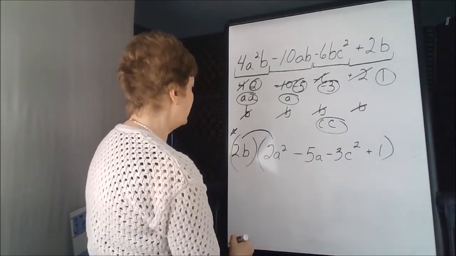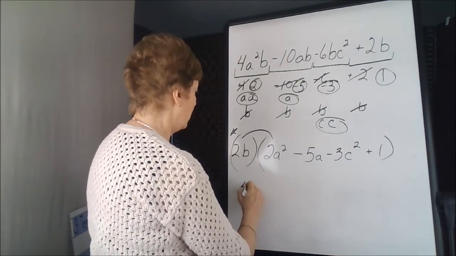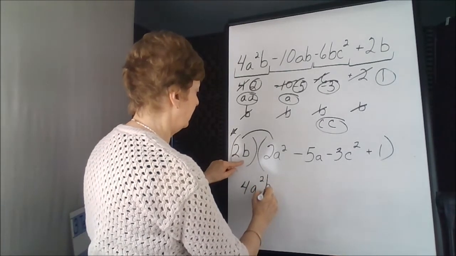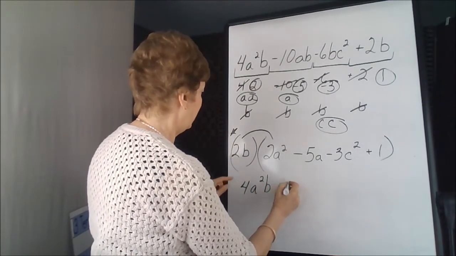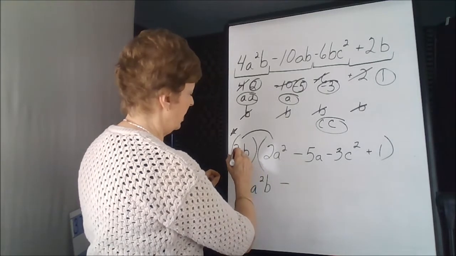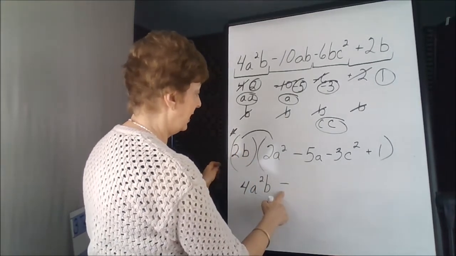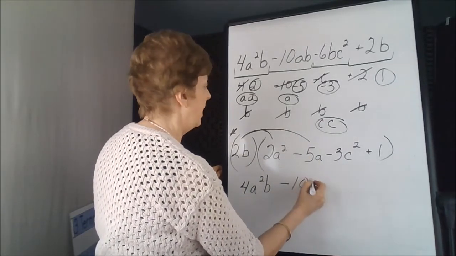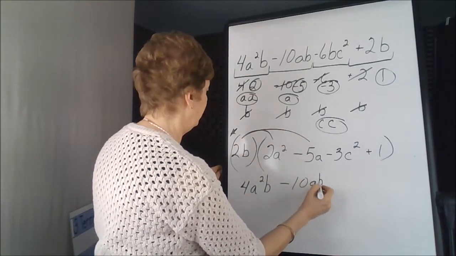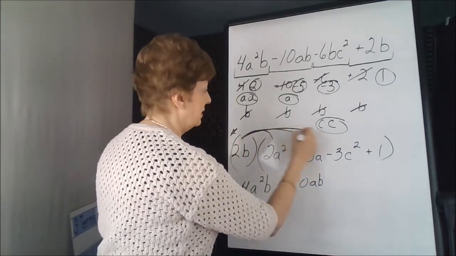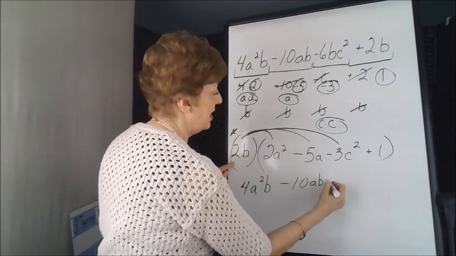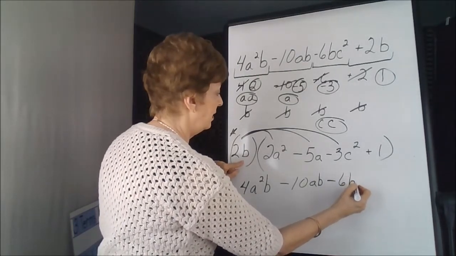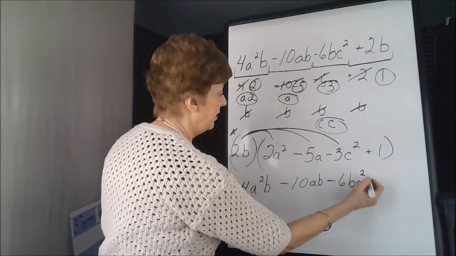All right, in the first position, I've got a 4a squared b minus. A positive times a negative is a negative. So now we're going to go to negative 10ab. Next, positive times a negative is a negative. 2 times 3 is 6b c squared.